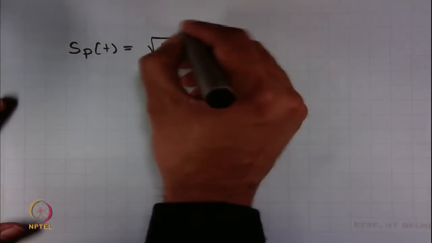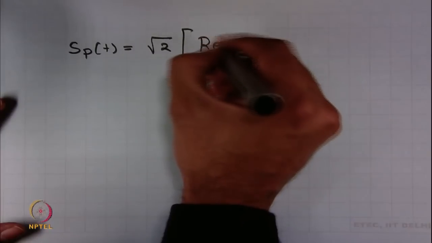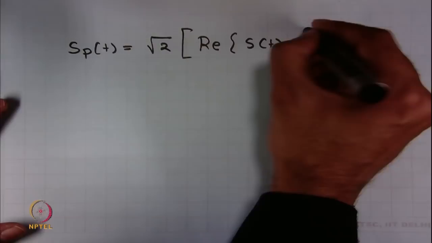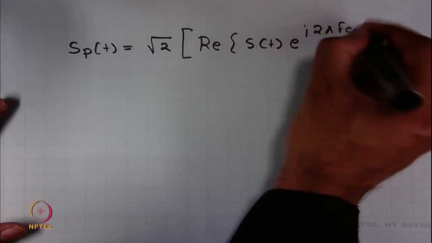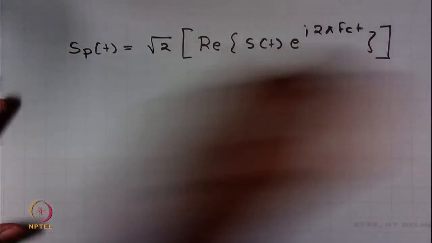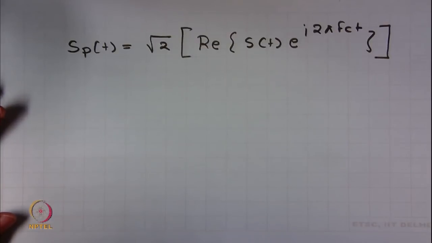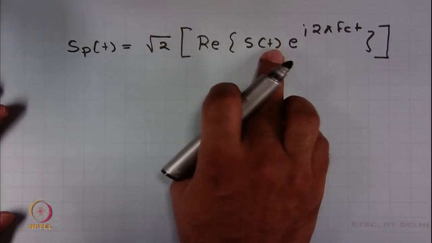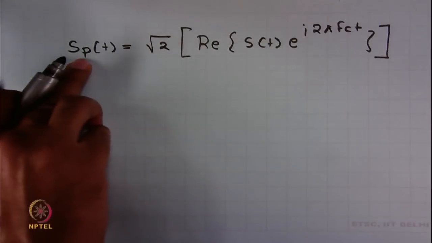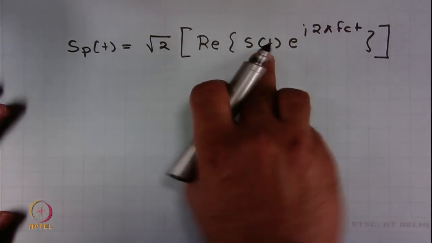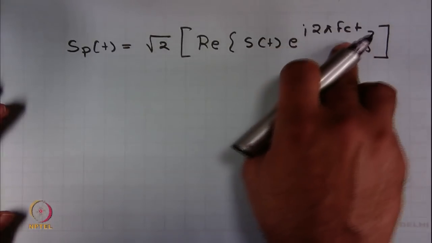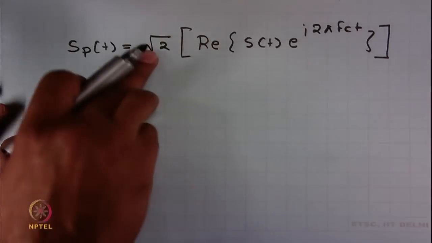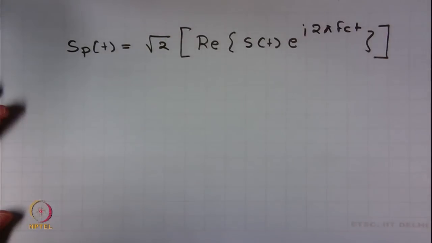The passband signal can be obtained by taking the real part of this signal. Here s(t) is the complex envelope of the passband signal, and s_p(t) is the passband signal. If I multiply this complex envelope with this rotating complex exponential, take the real part of the entire quantity, and multiply it with root 2, then we get the passband signal.